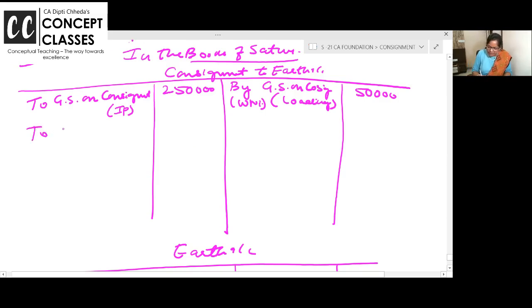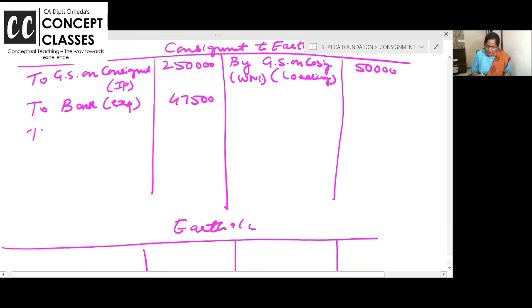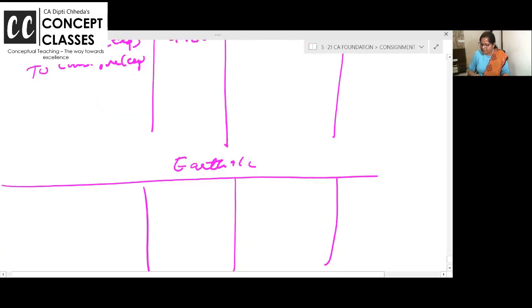Expenses of consignor. Consignment account to bank, my own expense, 47,500. Now, consignee's expense. Take all the expense. Bills of exchange we have drawn, you accept it, but that will not come here. But yes, that will come here.